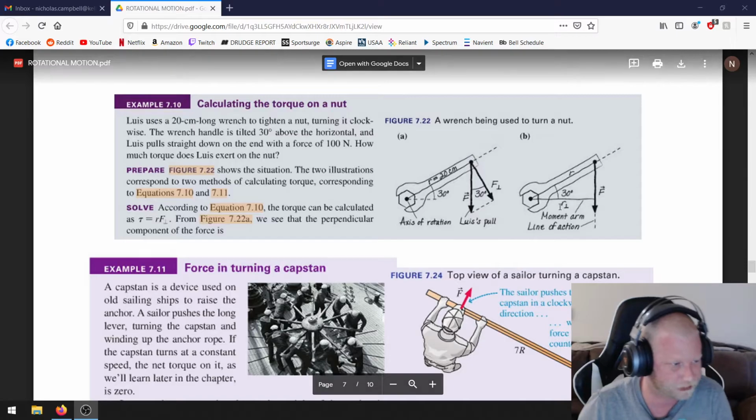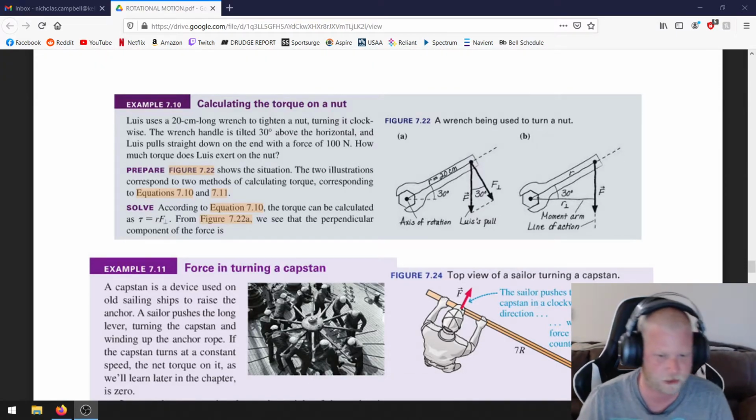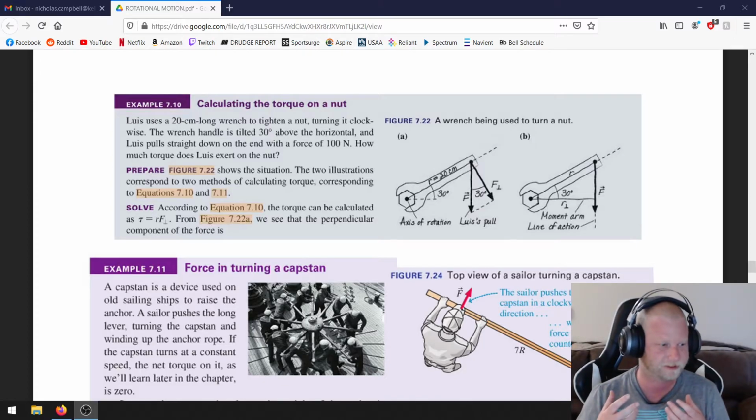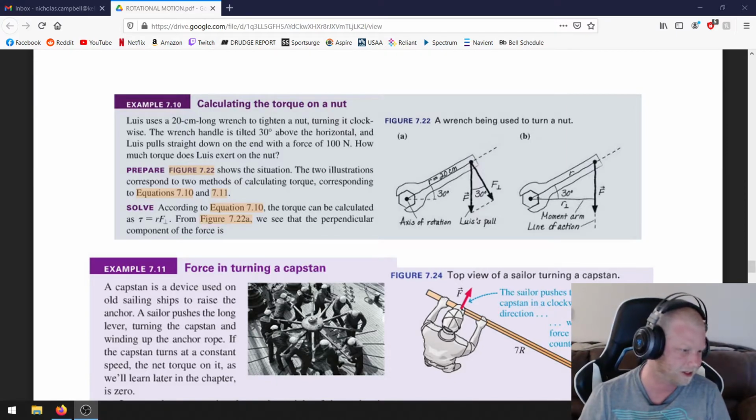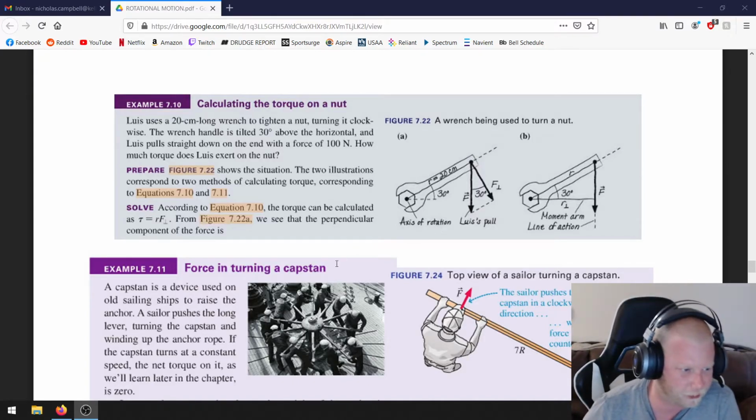So it doesn't matter which way you solve the equation. What really matters is that you are seeing this perpendicular relationship between a force and some distance from the center of rotation, the pivot point, the axis. So let's go ahead and solve it out both ways.